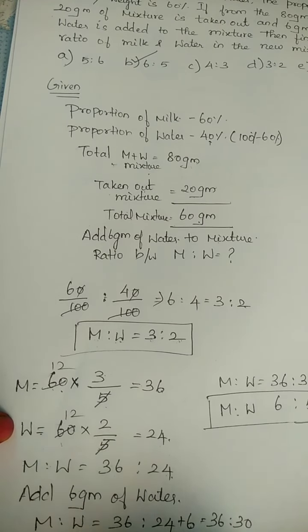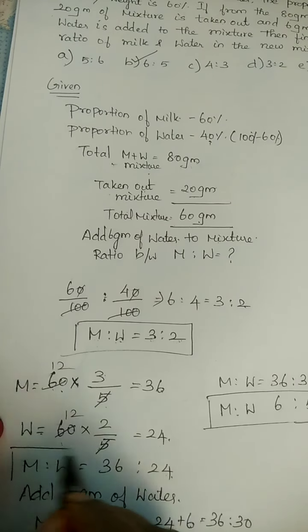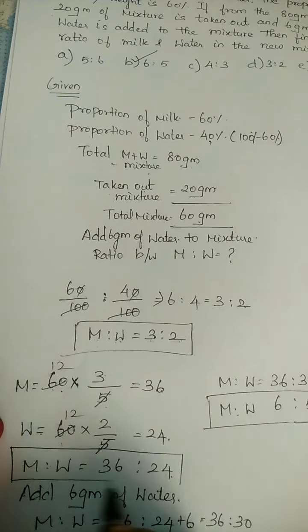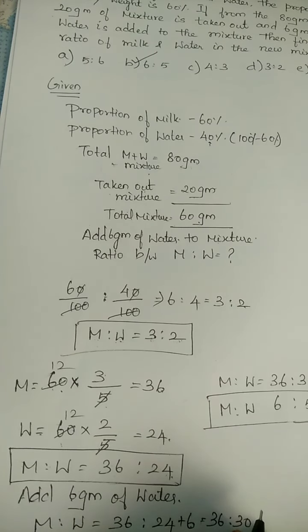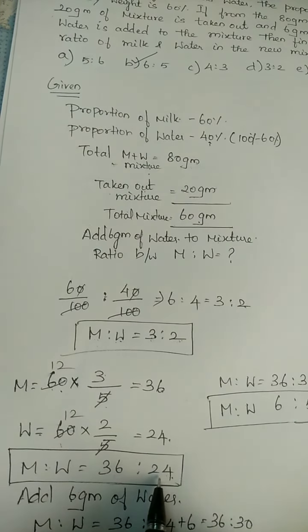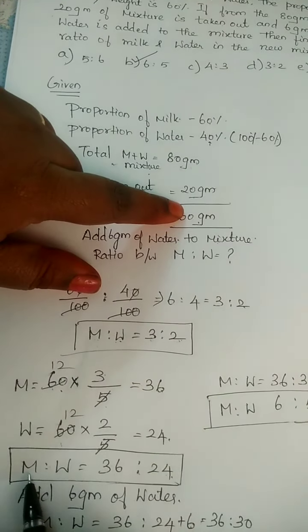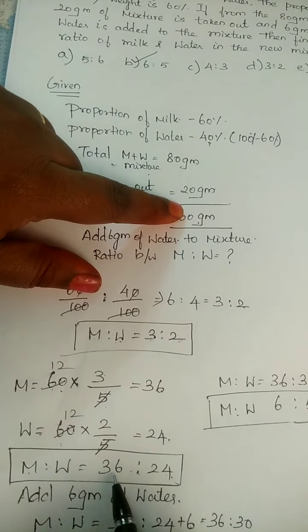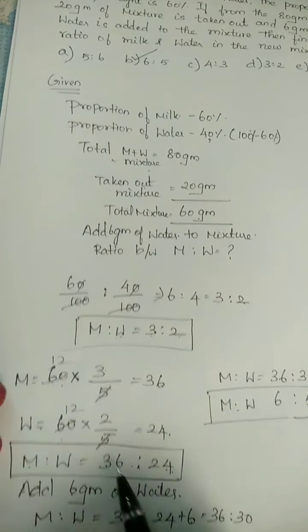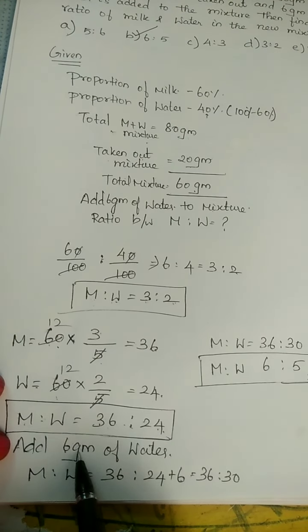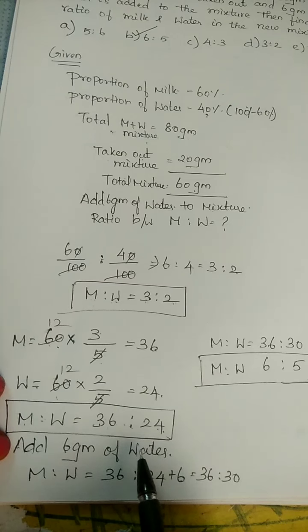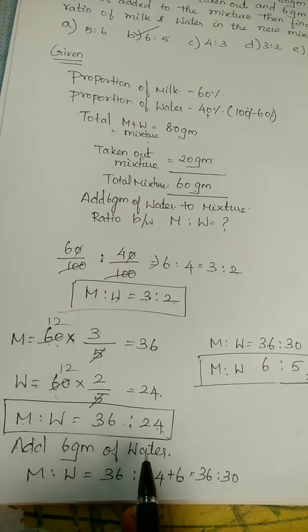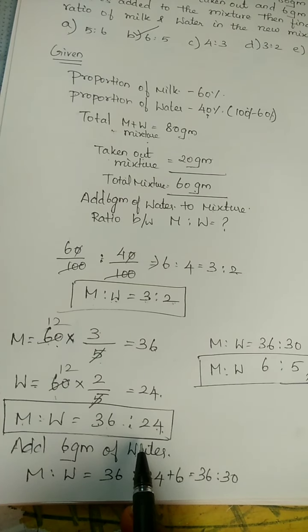So we have obtained the milk and water ratio of 60 gram as 36 is to 24. Now to check whether the 60 gram is present, just add 36 and 24, we will automatically get 60 gram. Now add 6 gram of water. After obtaining the taken out mixture of milk and water, add 6 gram to the water.